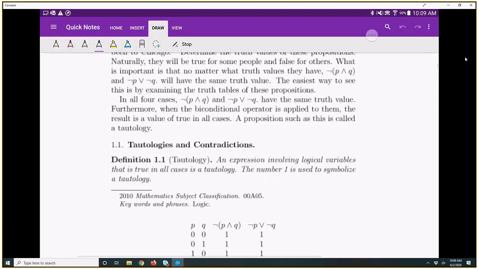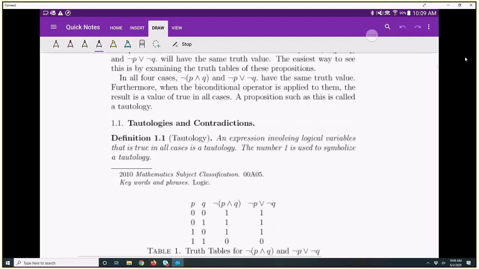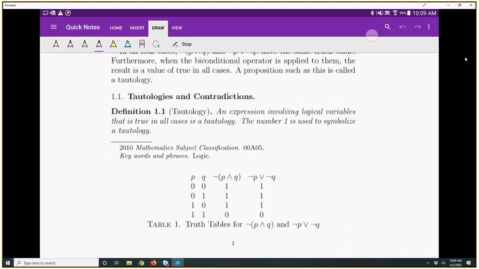We can also create the truth tables, and we know that because we're involving two propositions, P and Q, our truth table is going to have 4 lines, as you can see here. And in all 4 cases, these will have the same truth values. If P is false and Q is false, then the first one is true, the second one is true.